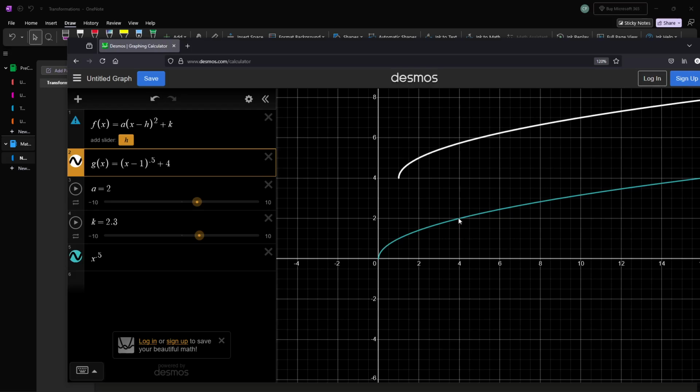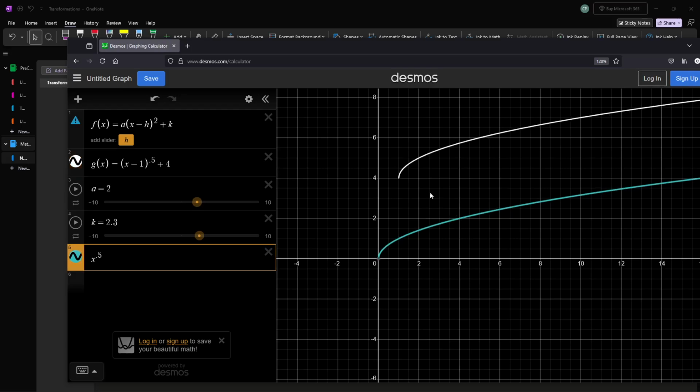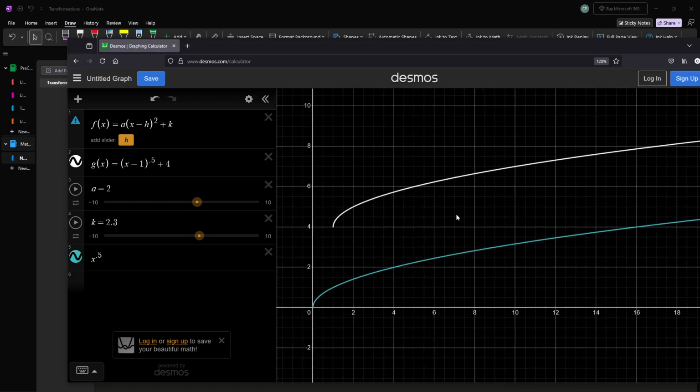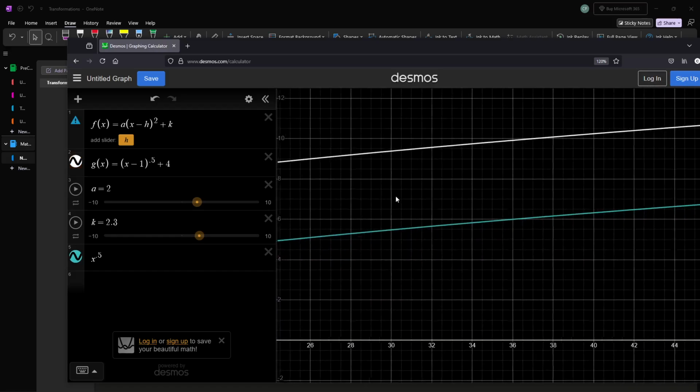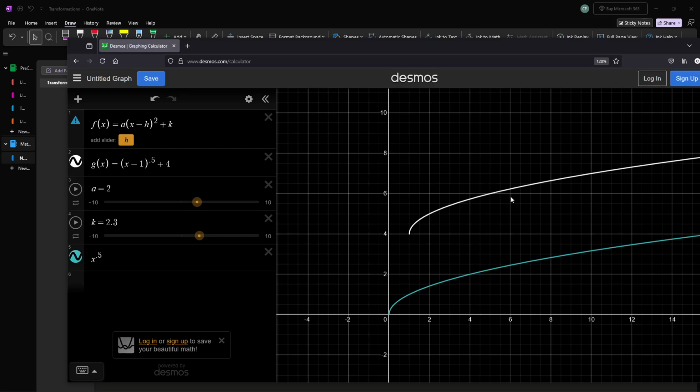You might not always be given a cyan, but let's identify what our parent function is. Looking at the shape, we have a square root function because it ends at one point and it kind of flattens out. It still goes up forever, but it doesn't increase as much as it is increasing to the right. So I know that it is a square root. Next up, we want to identify what happened to my graph.